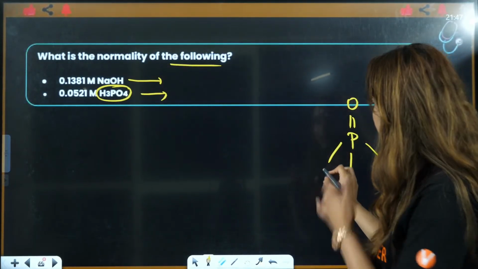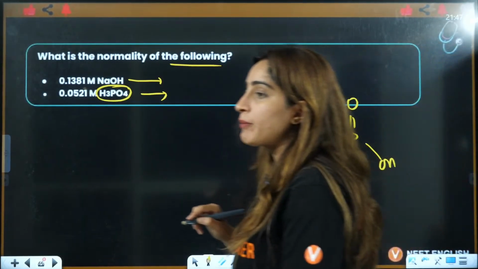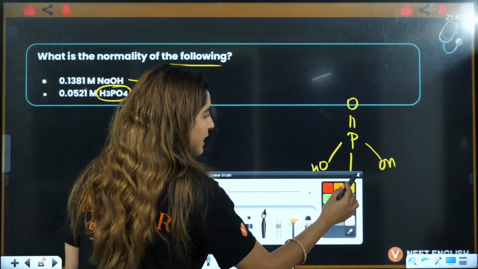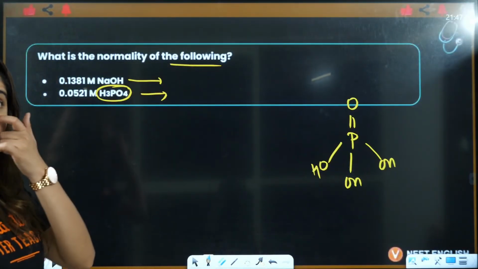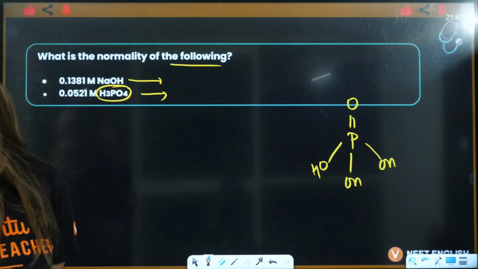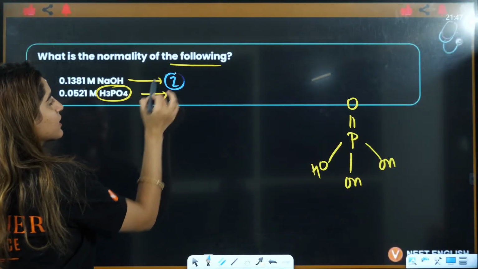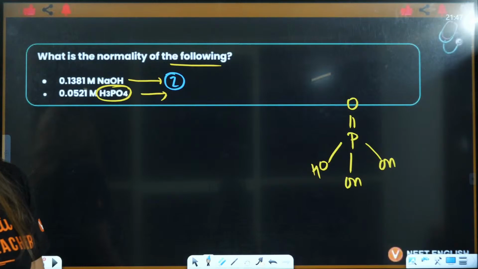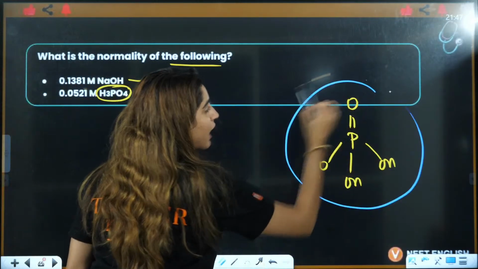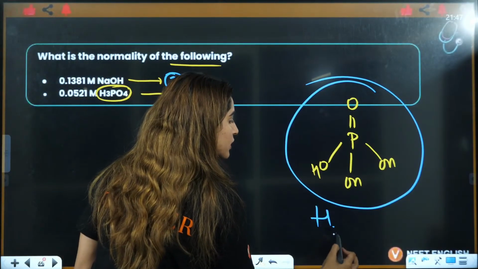If you subtract PO here, there will be 3 OH. So it does not have any P-H bond here directly, right? We need to have a P-H bond here. If you talk about this, here the n factor is 1. What about H3PO4? I have already drawn the structure for you as well. Can you see how many H positive can be released from here?